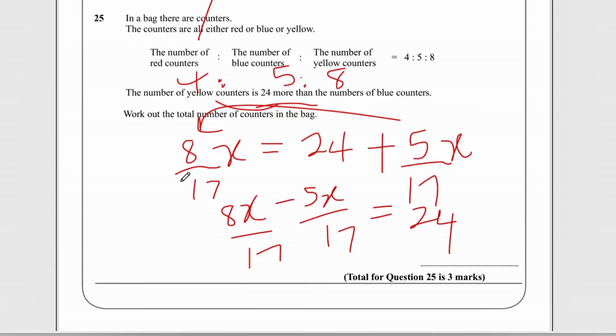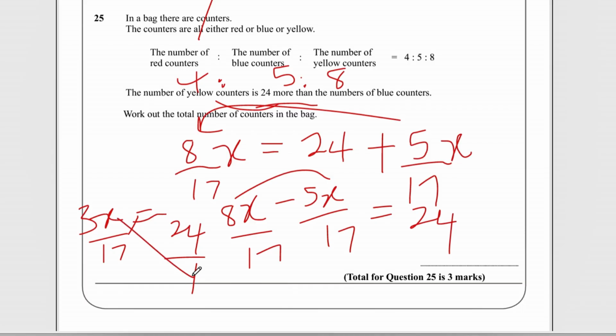So how do we solve this? They are like fractions. 8 minus 5 is 3. So 3X over 17 is equal to 24. You can just cross multiply. So when you cross multiply, 3X is equal to 17 times 24.